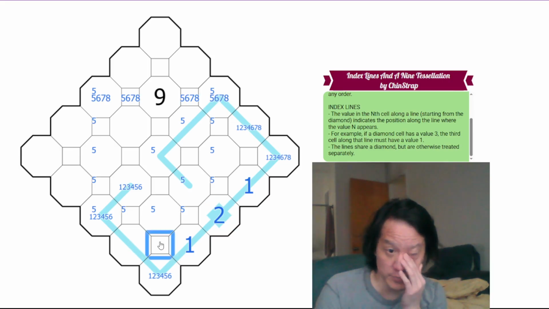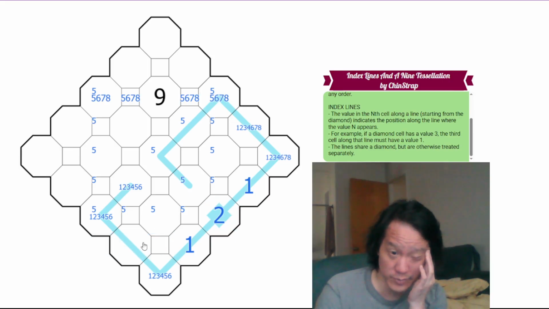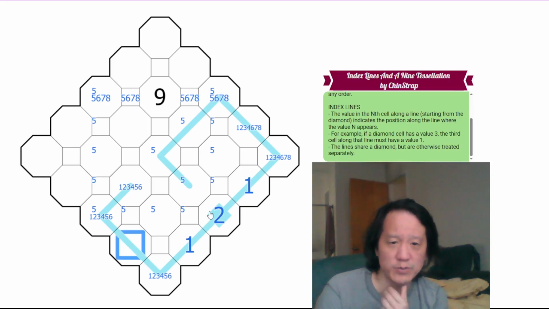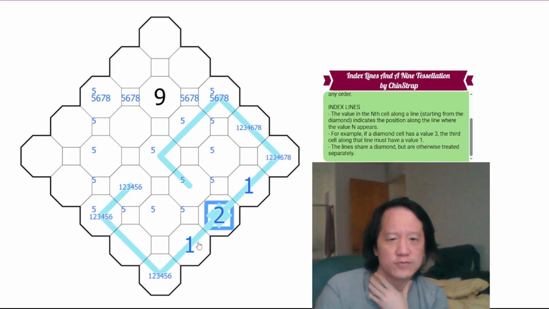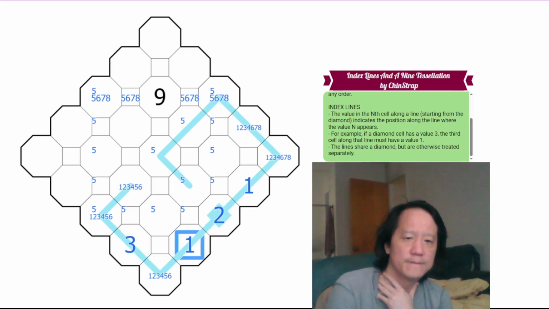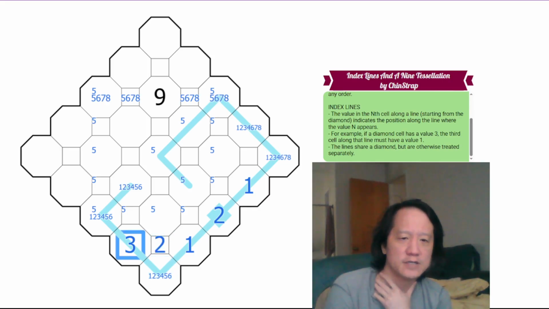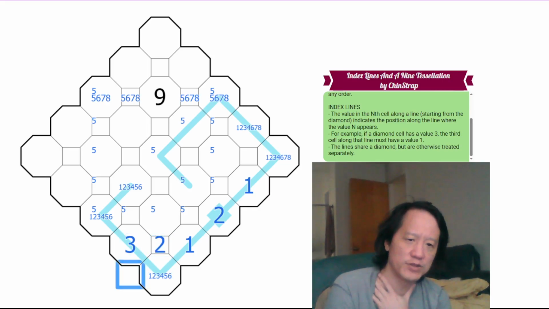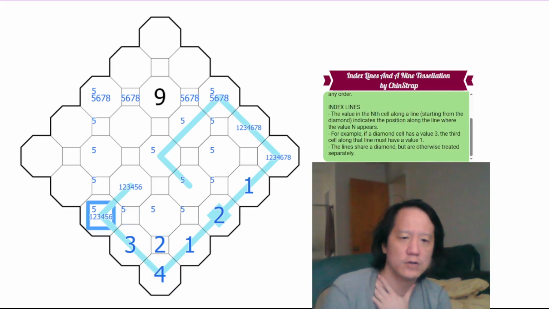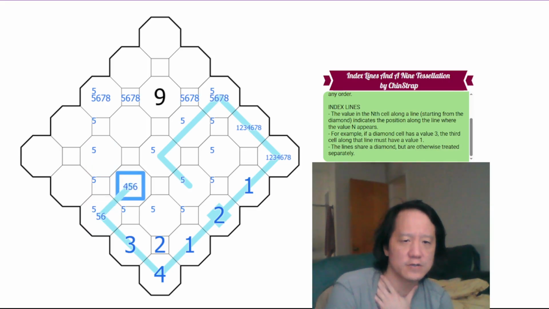That means this must be 1, 2, and 3. This can't be 2 because that's saying 4 would have to be in the second position, which it's not. So this must be 3. That's saying 4 has to be in the third position, so that's 4. So then this is 5 and 6 here.